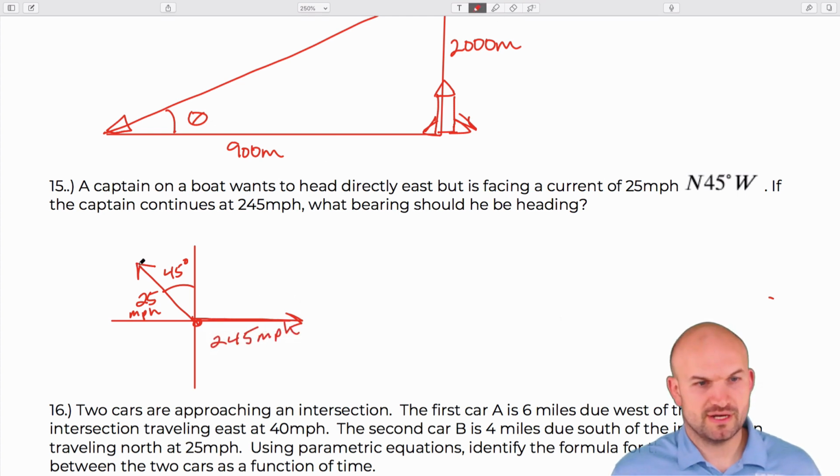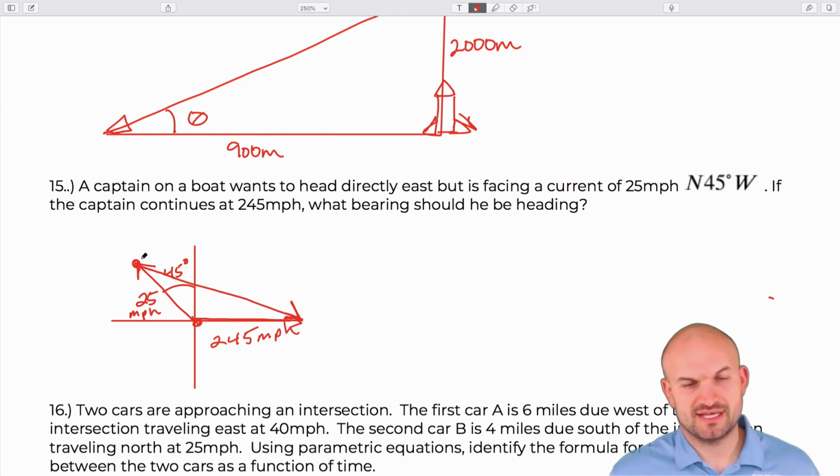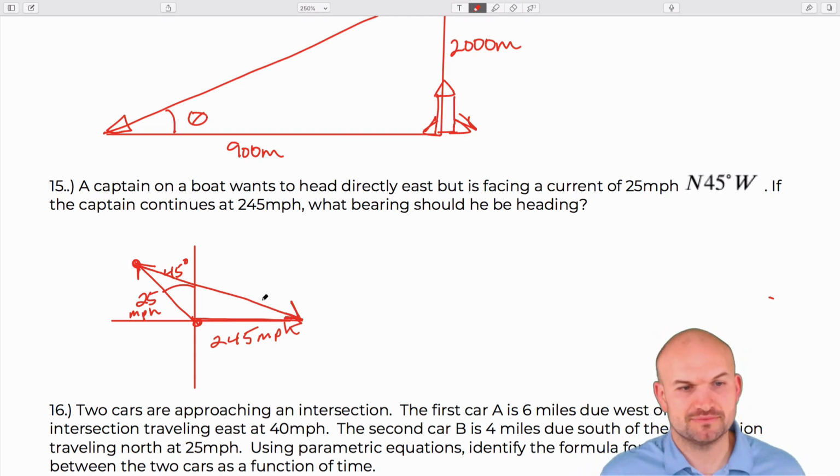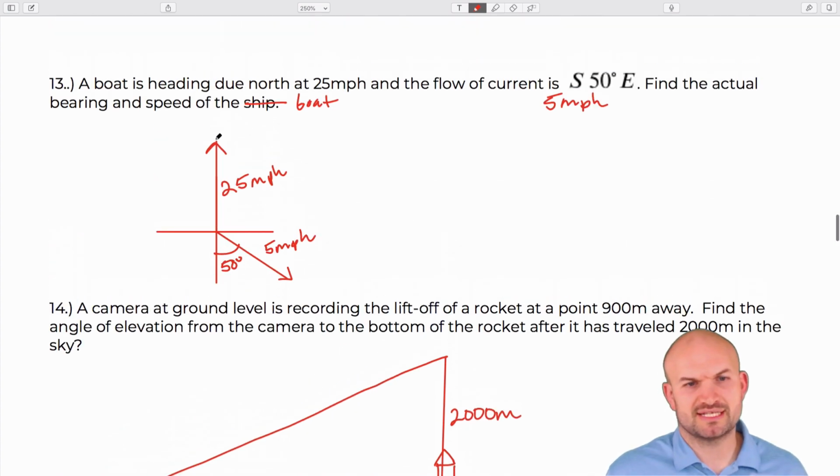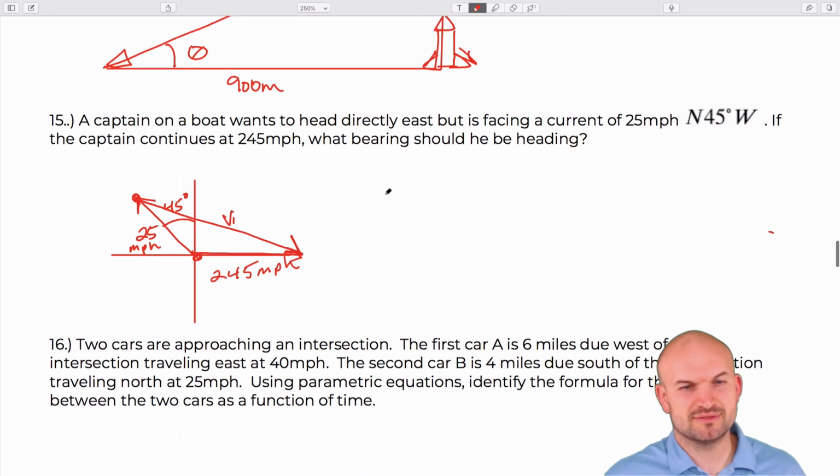What we're going to look for is this vector here. What is going to be that vector that creates that magnitude for us? So that is the vector we're looking for. In this case, what we're looking for is the sum. You don't really need to actually add that vector, but that's what we're looking for.